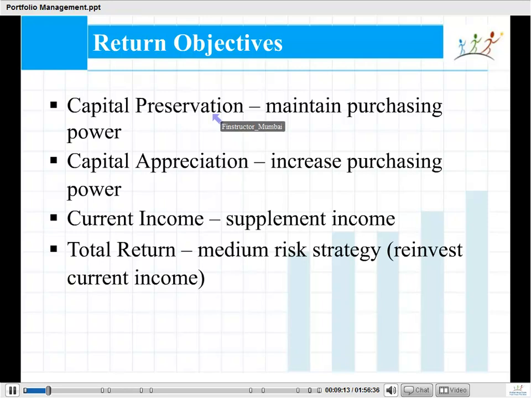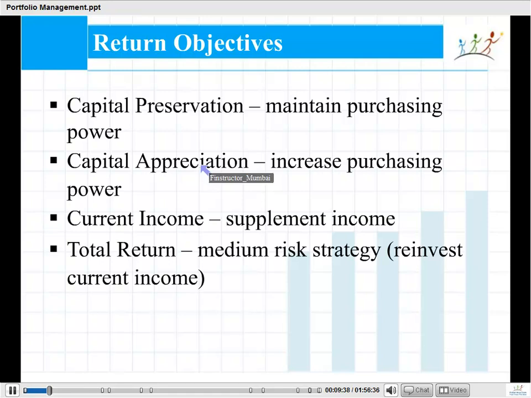Normally for old investors and for investors who do not have significant capital commitments in the future, a capital preservation strategy is preferred. Capital appreciation is a strategy which asks the advisor to not only maintain the purchasing power but also create growth in the portfolio.